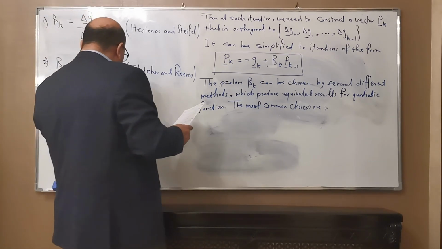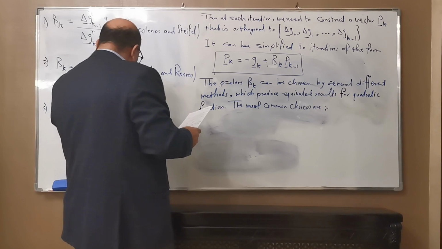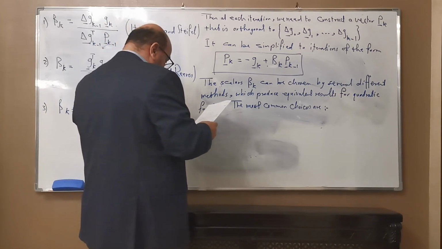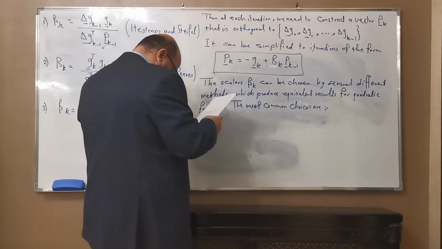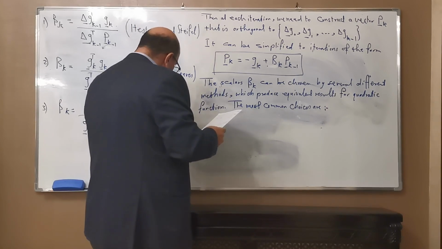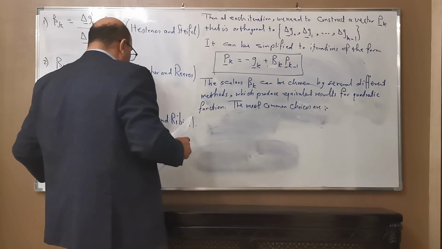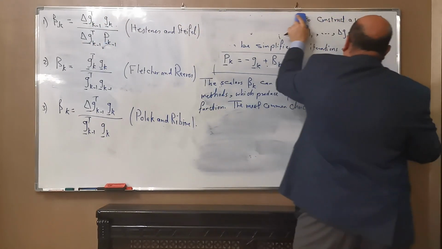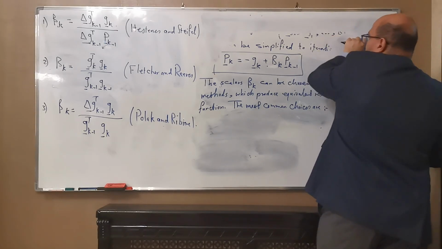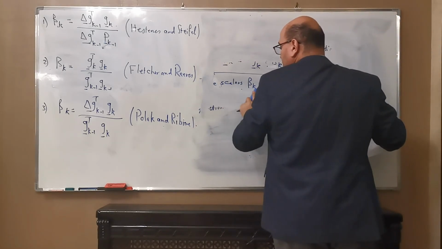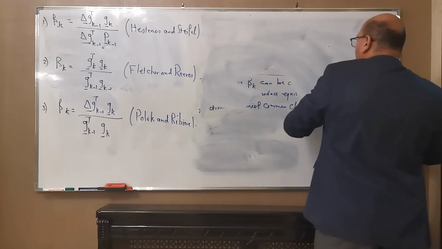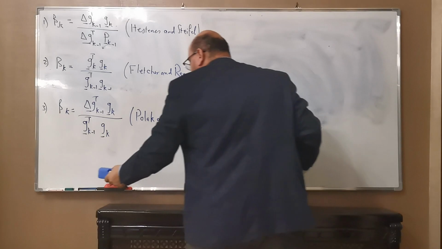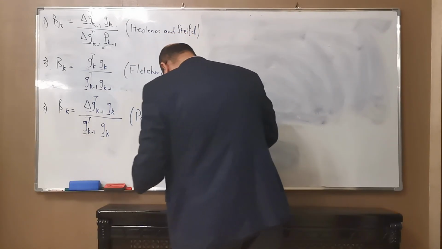And this is according to Polak and Ribiere. So you have three choices of beta. The most common one is the second one. But all of them are applicable and they give exactly the same results or equivalent results for the quadratic functions.